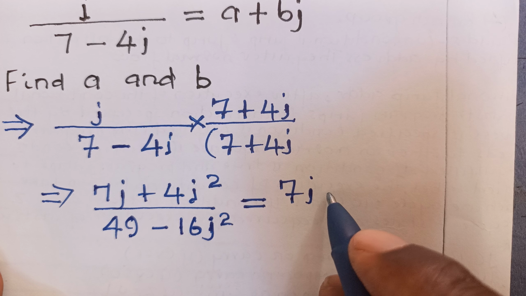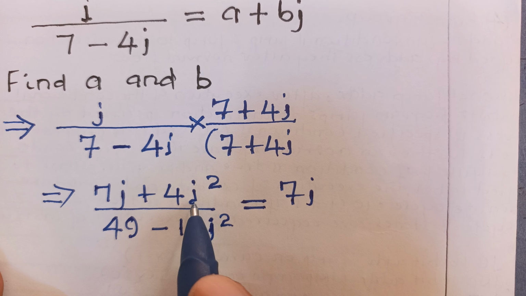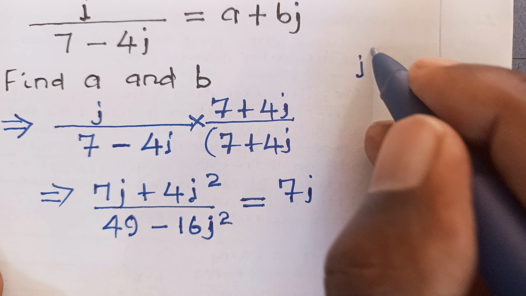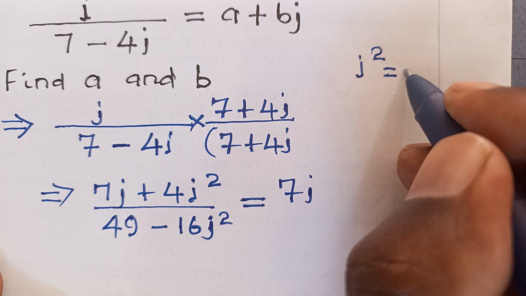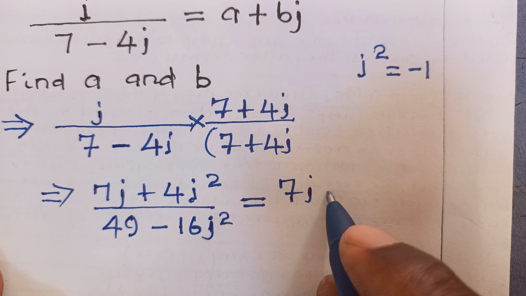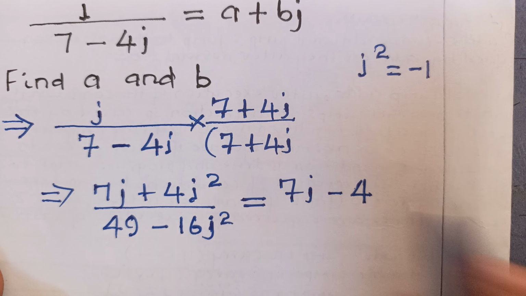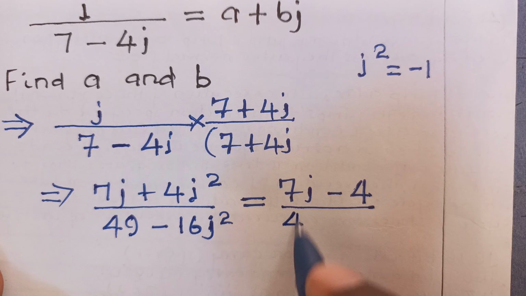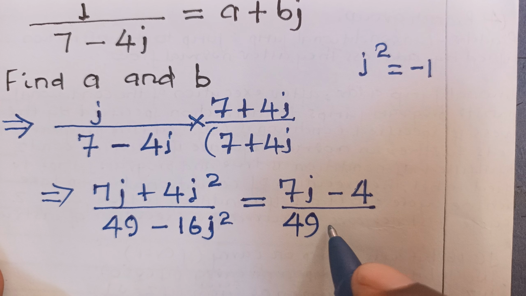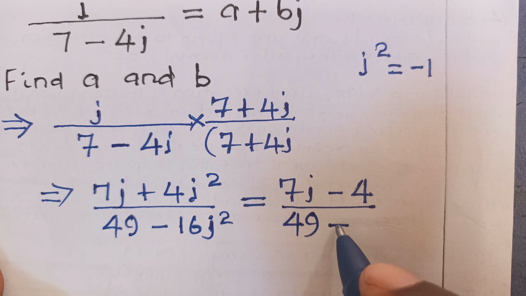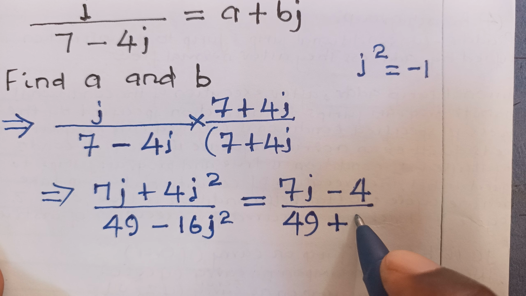7j. Now, for this, we know that j squared is actually equal to -1. And so this now comes to -4. This is over 49 minus 16j squared, this now comes to 16.